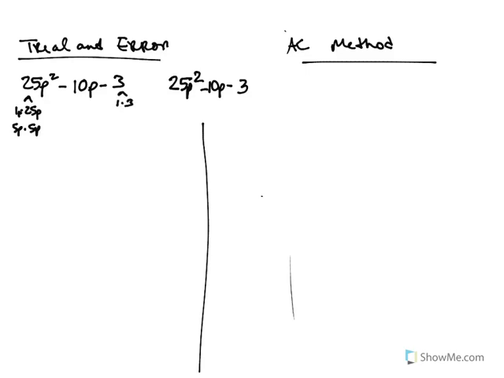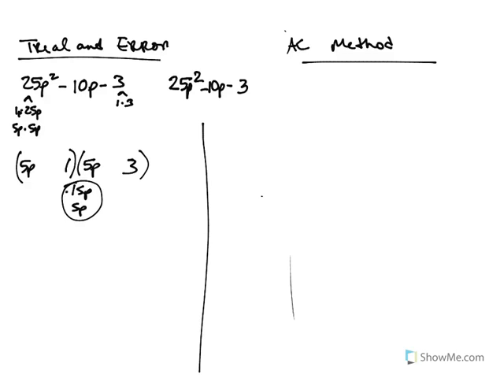And for 3, it would just be 1 and 3. So we do two sets of parentheses and we're just going to test. We need to get a 10. I don't see us getting 10 using 1 and 25, so I'm going to go with 5p and 5p. And then with 3, you could do 1 and 3. When we test it, 5p times 3 is 15p, and 1 times 5p is 5p. Oh yep, I could get 10.